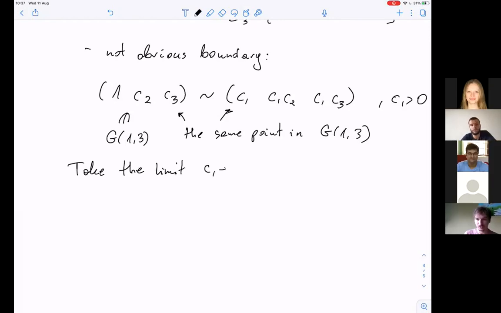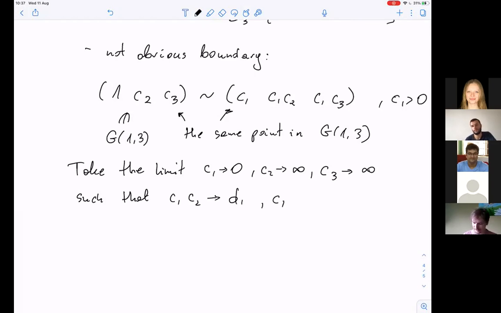when C1 goes to 0, C2 goes to infinity, and C3 goes to infinity, but such that C1 times C2 goes to some constant, let me call it D1, and C1 times C3 goes to another constant, which I call D2.